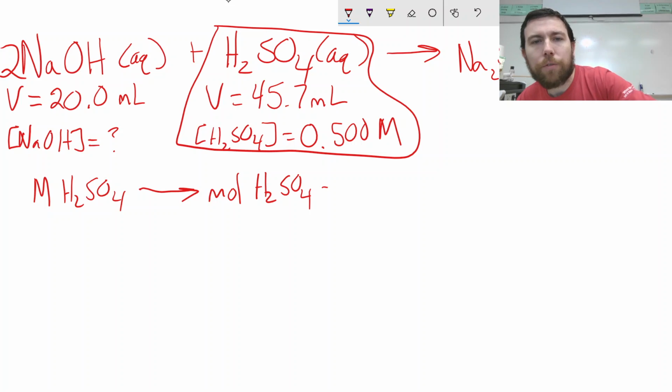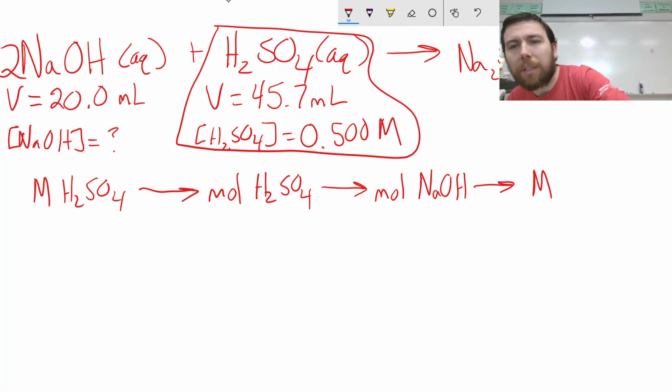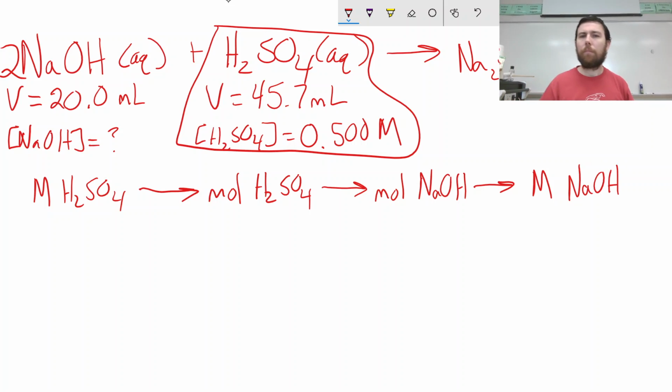Once we get to moles of sulfuric acid, I want to be able to go to moles of sodium hydroxide. And then once I get to moles of sodium hydroxide, I should be able to get to the molarity of sodium hydroxide, right? So that's my roadmap. That's the process we're going to use to go from my sulfuric acid information to my molarity of my sodium hydroxide.